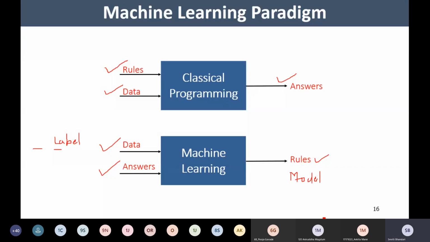Or the tag for that image, whether it is a cat, a dog, a horse, and so on. So this is one more example of how, in brief, the machine learning paradigm works. I hope I'm clear with the concept. If you have any doubts, please let me know, otherwise we'll proceed.